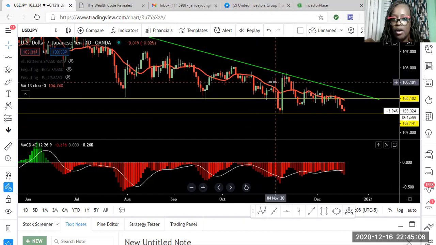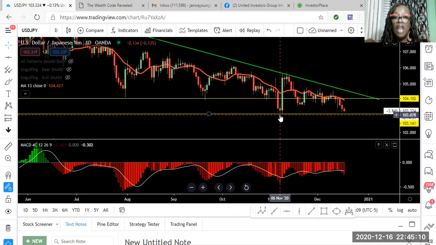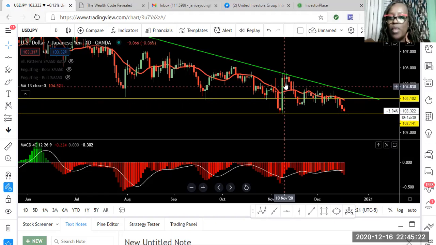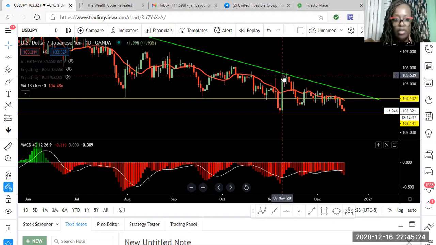Same thing happened here. Price came down to this price point here. It was enough for buyers. Buyers said, you know what? This price here, this is where we're going. This is where the selling's going to stop and the buying is going to begin. And that's what this big bullish candle signifies, right?